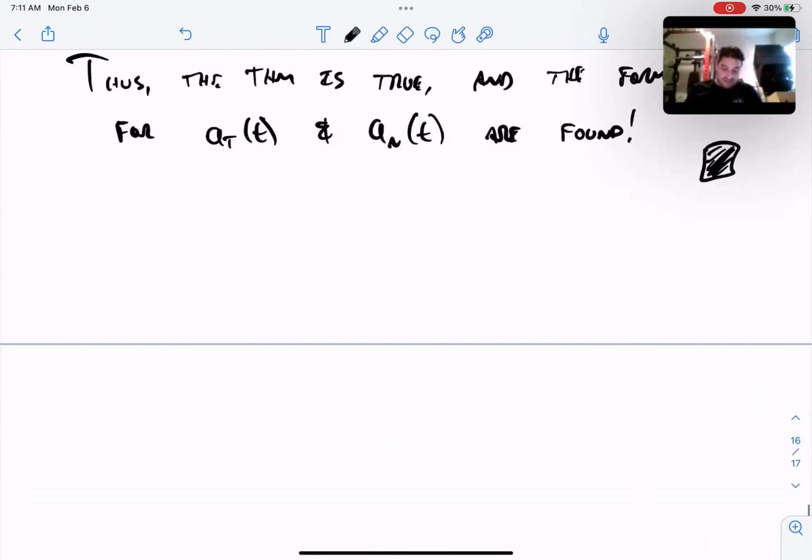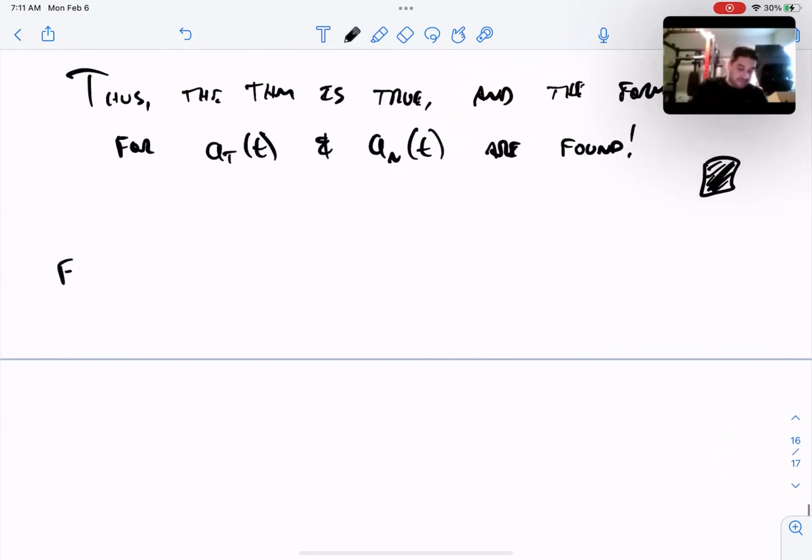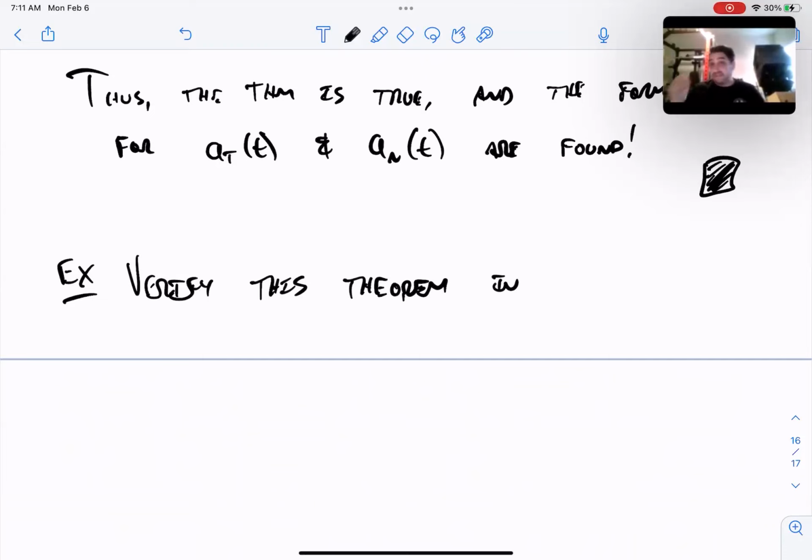Let's then look at this in an example. Let's verify this theorem in a specific example.